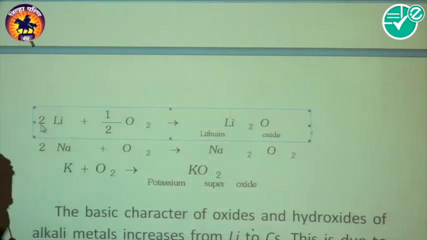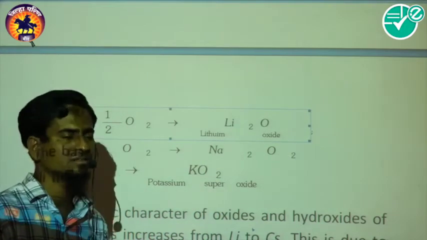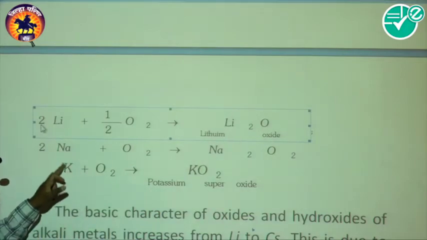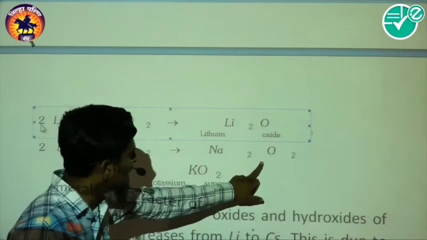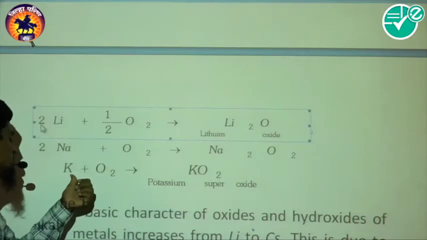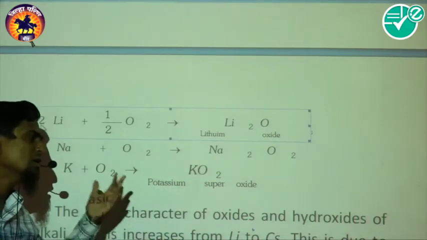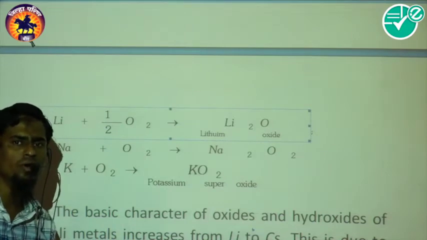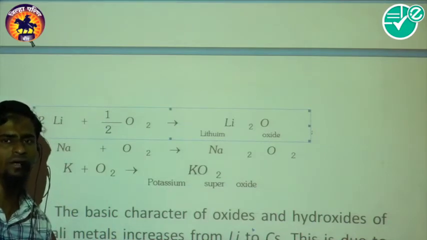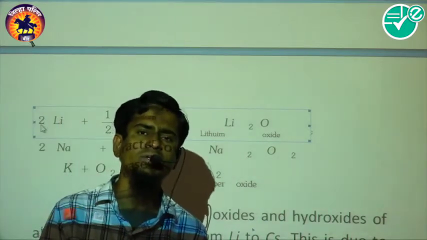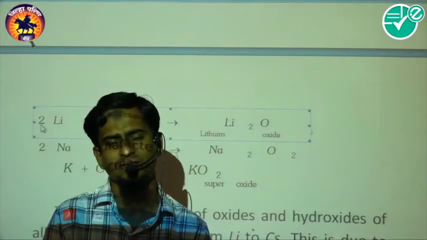And remember one important thing: the stability of superoxide and peroxide. The stability of peroxide, Na2O2, which has an oxygen-oxygen single linkage, and superoxide, that is KO2, RbO2 or CsO2, increases with the increase in atomic size of the metal.